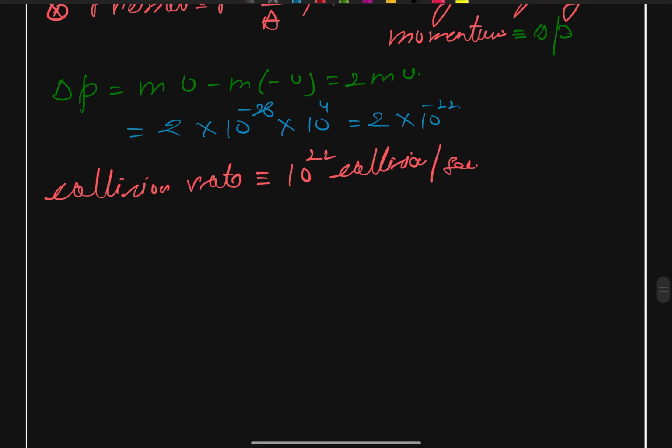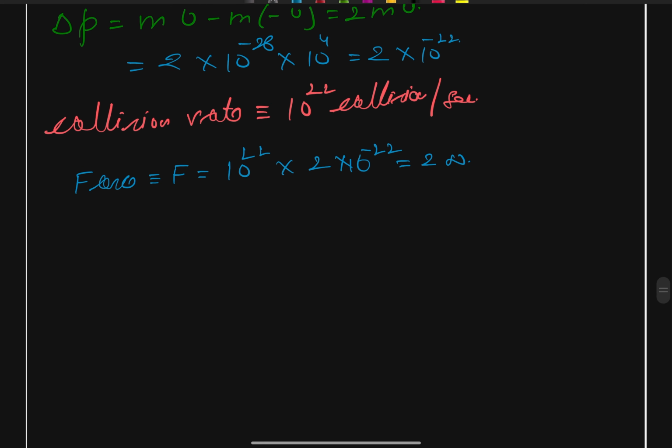Therefore our force F is equal to rate of change of momentum, that is collision rate times change in momentum, 10 to the power 22 times 2 into 10 to the power minus 22, which gives us 2 Newton, and therefore pressure P, force upon area, gives us 2 Newton per meter square.